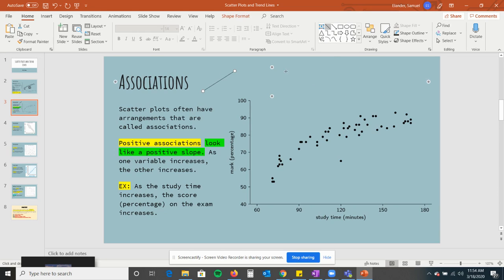And things with a negative slope, and they would look like that. Or things with no slope, right? Or things that we would say are undefined. So all of these, positive slope, negative slope, zero slope, undefined, are associations.